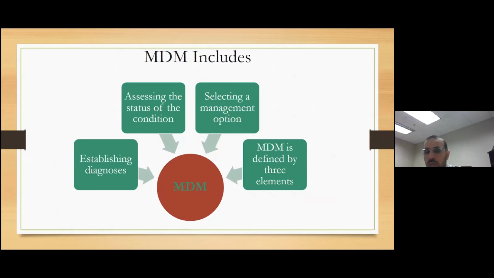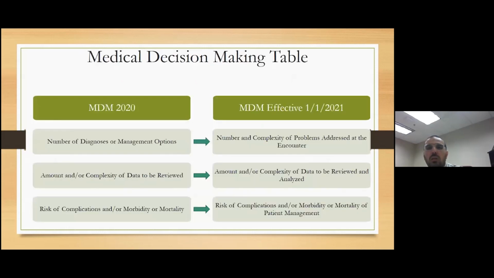You need to tell us what exactly you're doing and what you're thinking, so the billing will accept that. In the past, it used to be how many conditions you listed and how complicated the data was that you were dealing with. Now you need to address those conditions that you listed, not necessarily, like Dr. Reinhardt said, changing or managing. You can co-manage their depression, you can co-manage their diabetes.